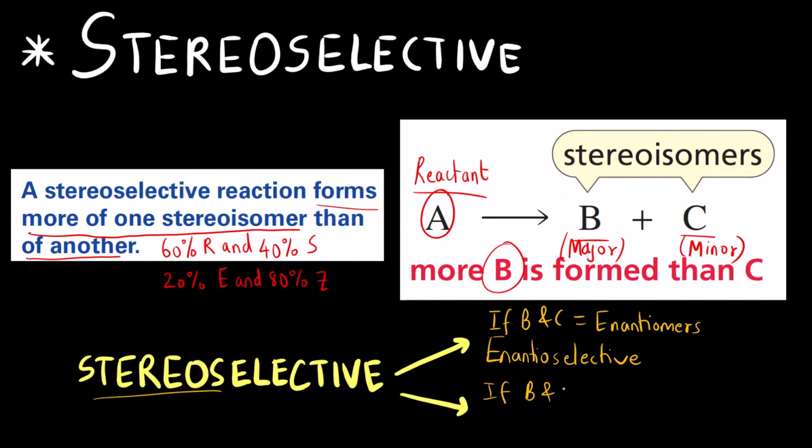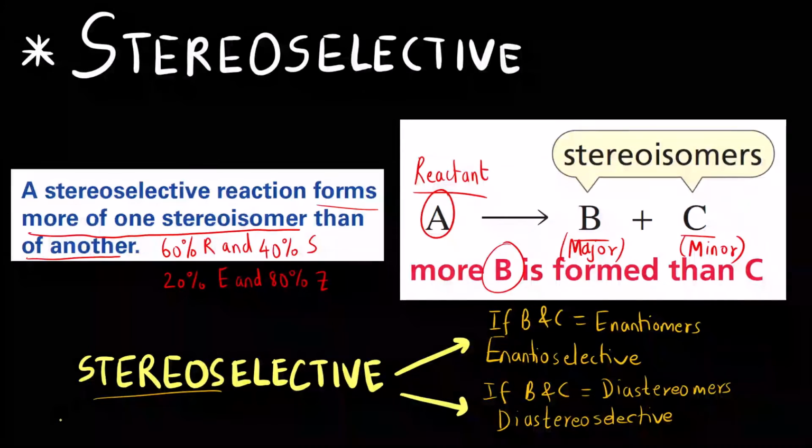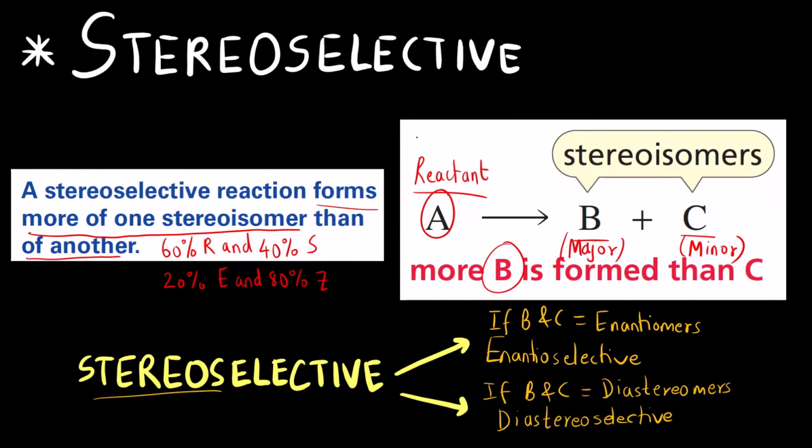And if B and C are diastereomers, then we say that the reaction is diastereoselective. But the important condition here is that both the isomers are formed. This is the trick to identify whether it is a selective or specific reaction. In selective, both the isomers are formed. In specific, only one isomer is formed at a time in a particular reaction.